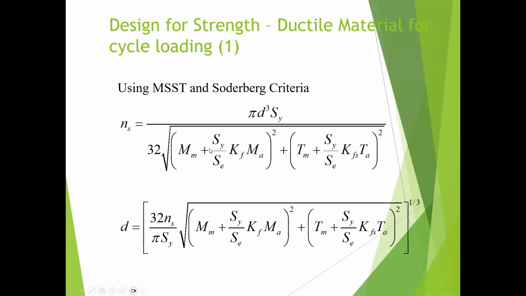This is a combination because the shaft is rotating. That's the reason we have mean moment, mean torque, alternating moment and alternating torque. So this is the first combination of MSST and Soderberg criteria.